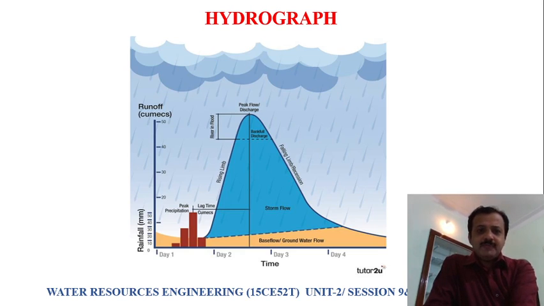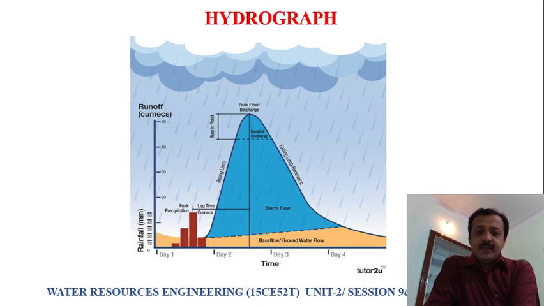What is a hydrograph? It is a graphical representation of discharge along the y-axis and time along the x-axis. This plot of discharge versus time, we call it a hydrograph. This hydrograph represents the discharge at different intervals of time.